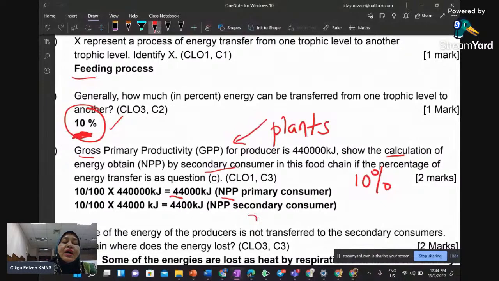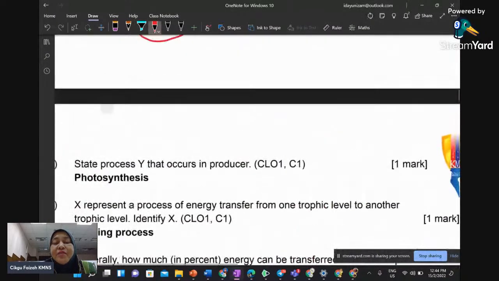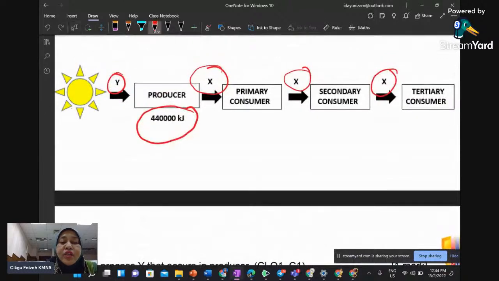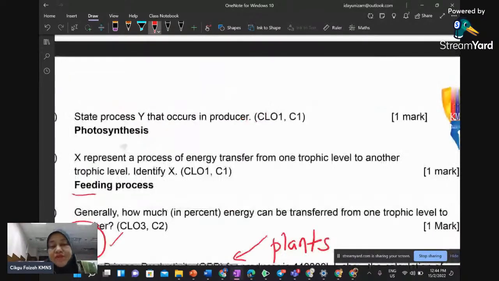So you have to multiply by 10% of what the primary consumer carries. How much GPP for them? The producer has 440,000 kilojoule, right? The primary consumer gets 10%. So if you can see from the food level here, it reduces by 10%. So 440,000, here there are 4 zeros, so here there are 3 zeros left, am I right, class?